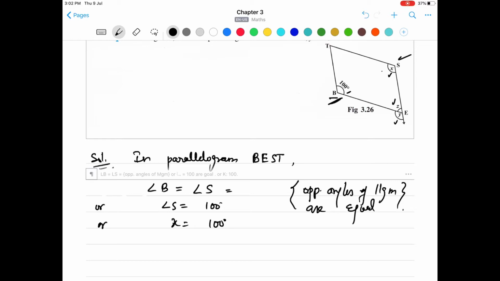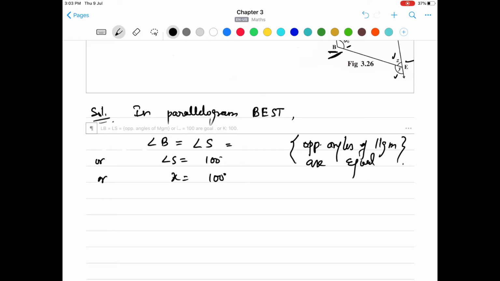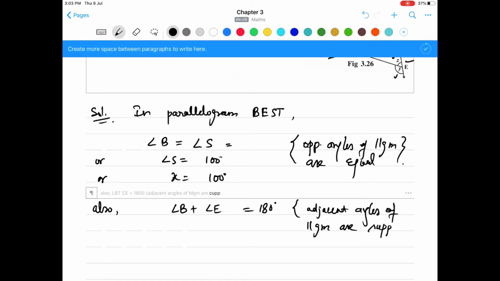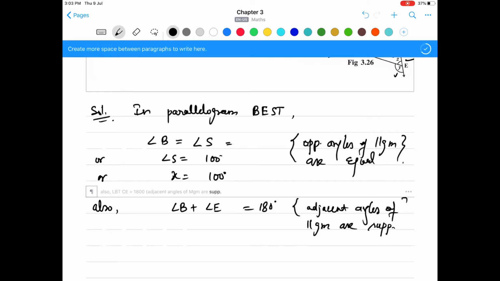The adjacent angle of this angle B is angle E. So we'll also write angle B plus angle E will be equal to 180 degrees. The reason for this one is adjacent angles of a parallelogram are supplementary.